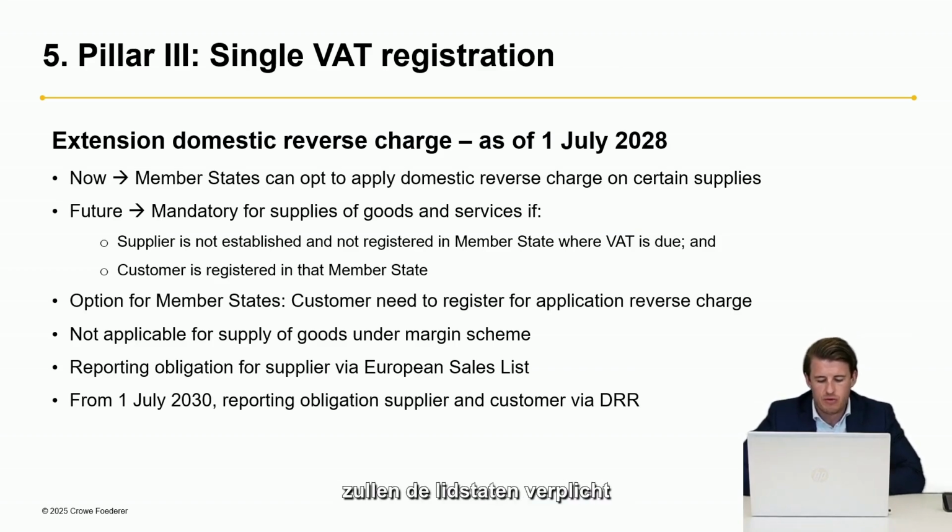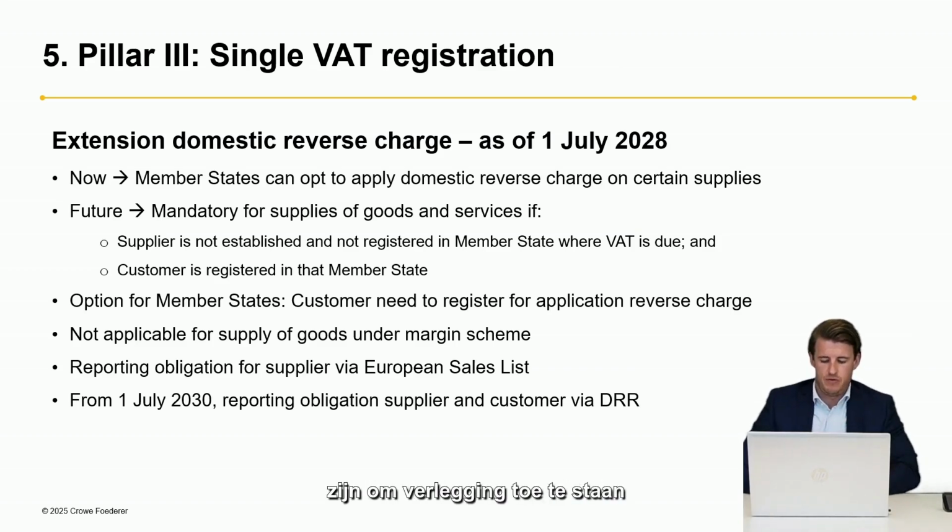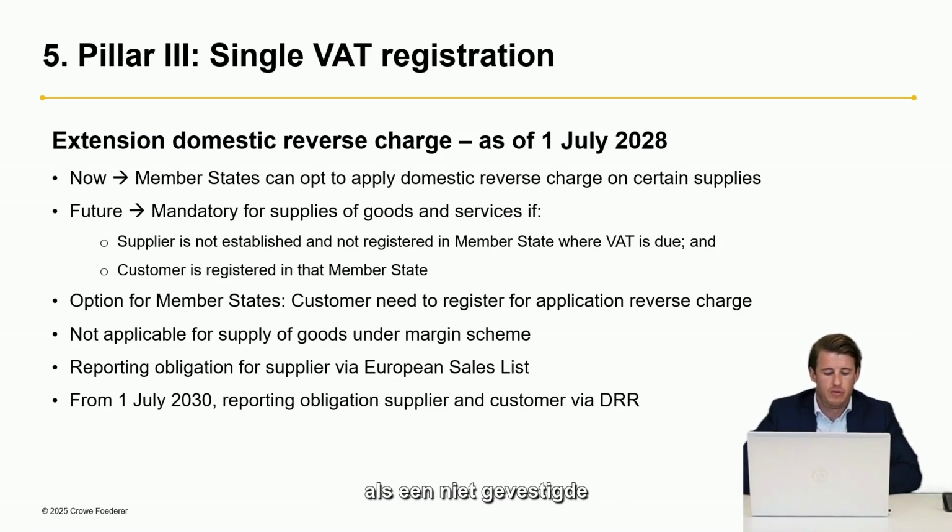But under the new rules, member states will be obliged to allow the reverse charge if a non-established supplier is not VAT registered in the member state where the VAT is due, and where the customer does have a VAT registration in that member state.